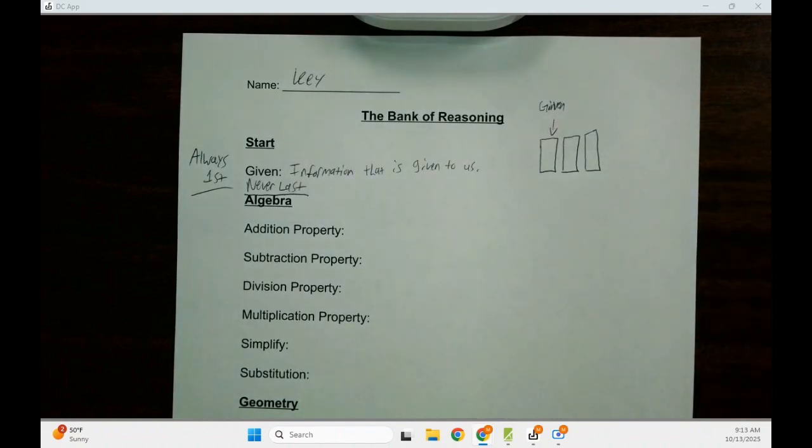Okay? So let's get into this next portion here. Algebra. We took algebra, pre-algebra. We did all of this arithmetic throughout first through sixth grade. We know that we can take two numbers and add them. The addition property, subtraction property, multiplication property, and division property are all things that we know we can do because we've done them, right?